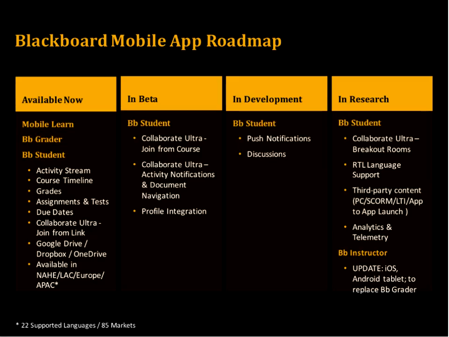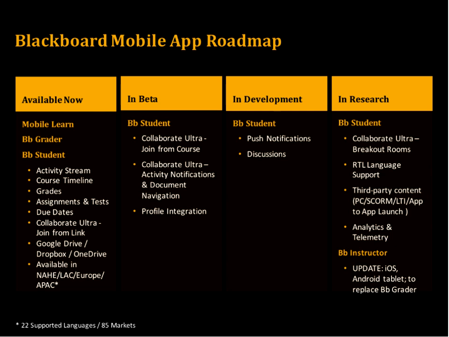Just to recap the things that are available now, Mobile Learn continues to be available and supported. That is an app that brings together both instructor and student experiences in a single app. BB Grader also is still available and supported. And now we have available BB Student, which includes those primary features I mentioned, the ability to join a Collaborate Ultra session.